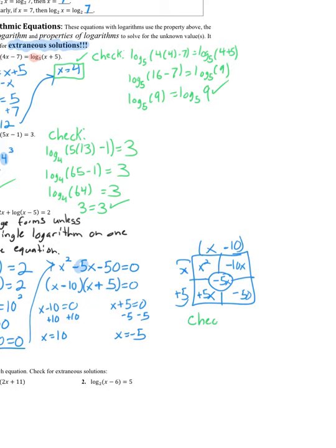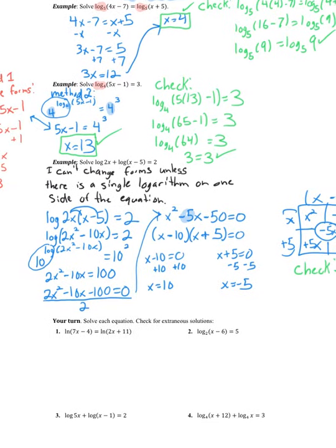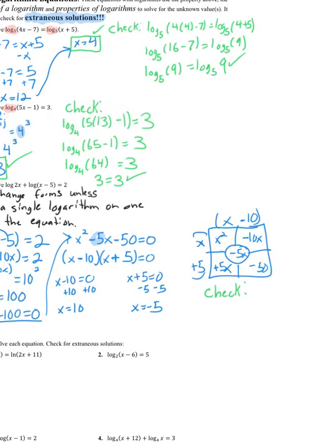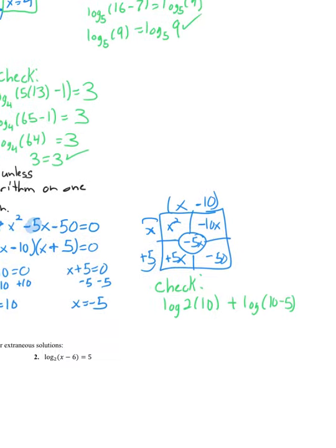Check. Do you want to check 10 first or -5 first? Doesn't really matter. Let's start with checking 10. Plus log base 10 minus 5 equals 2. So we end up getting log of 20 plus log of 5 equals 2.